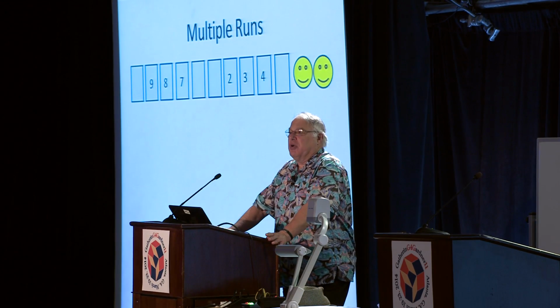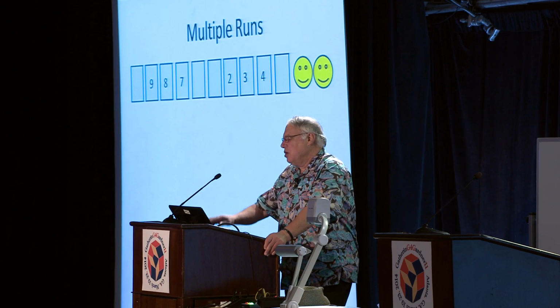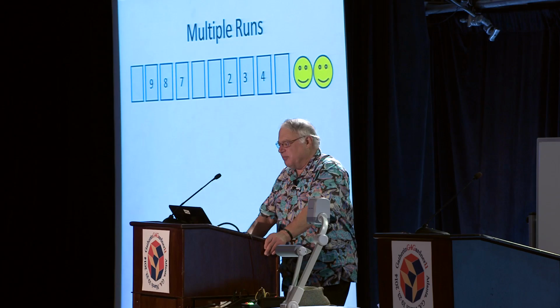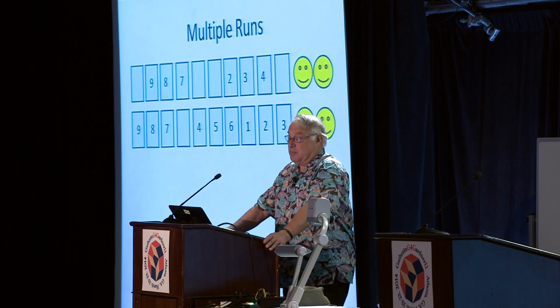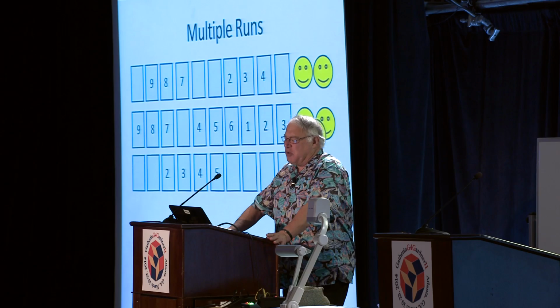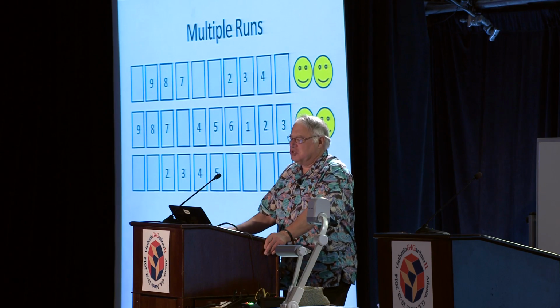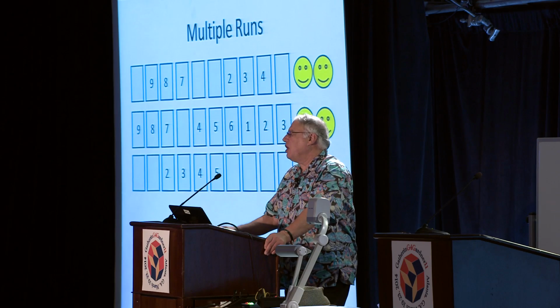Now you can have multiple runs in this array of 10. Here we have 7, 8, 9, and 2, 3, 4. 2 runs, 2 smiley faces. You could have 3 runs, right? And at this point someone says, but that's the most you could have because you only have 10 tiles. And you'd be wrong, because you could have a run of 4, 2, 3, 4, 5, and that counts as 2 runs, 2, 3, 4, and 3, 4, 5.